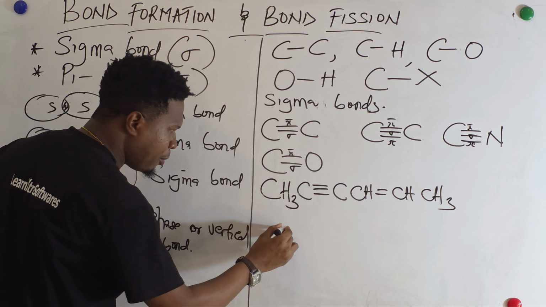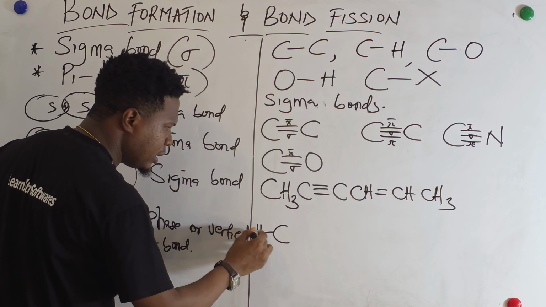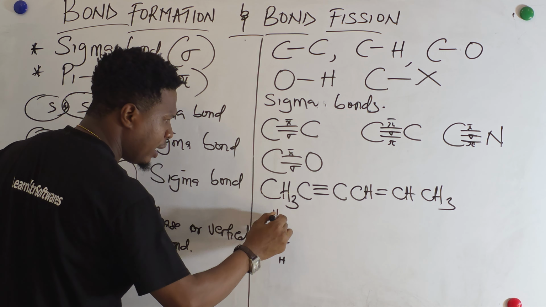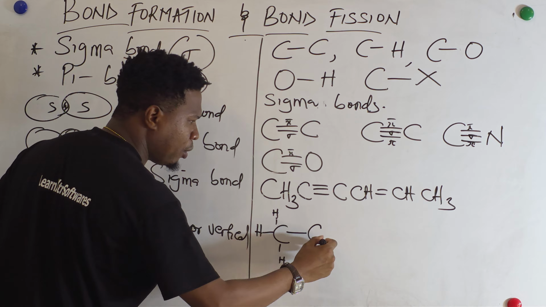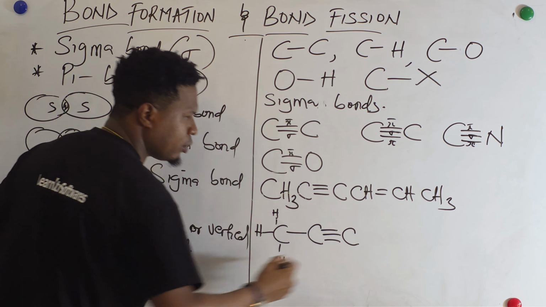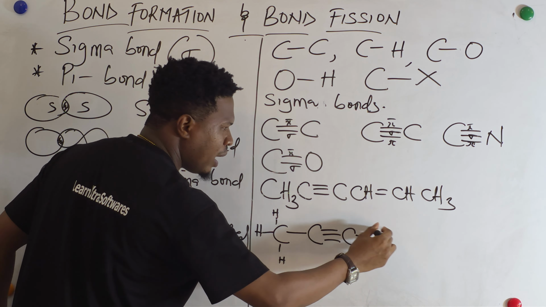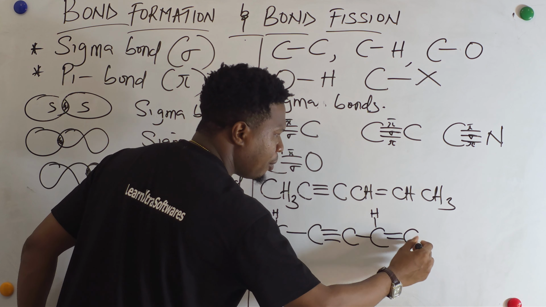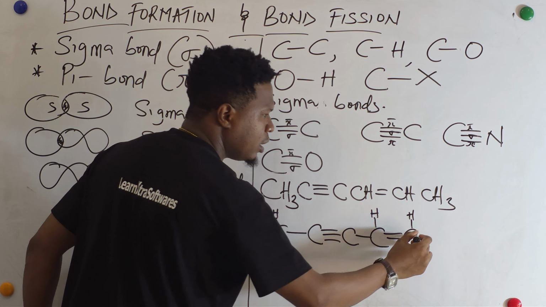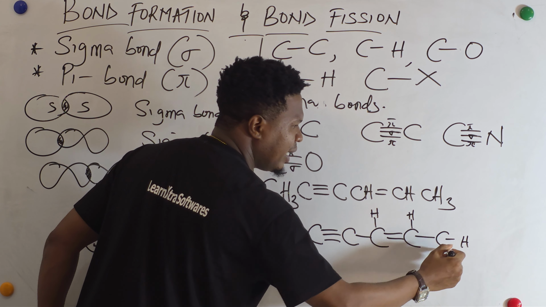So from here, this carbon has one hydrogen here, one here, one here. That is CH3, which is connected to carbon, which is triple bonded to carbon. Okay, connected to carbon, which has one bond to hydrogen, a double bond here to carbon, and one other bond to hydrogen, a single bond to carbon with 3 hydrogens.